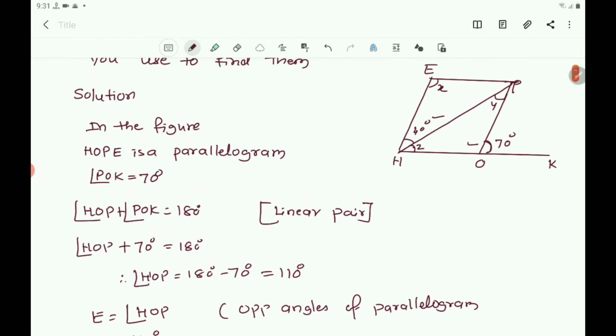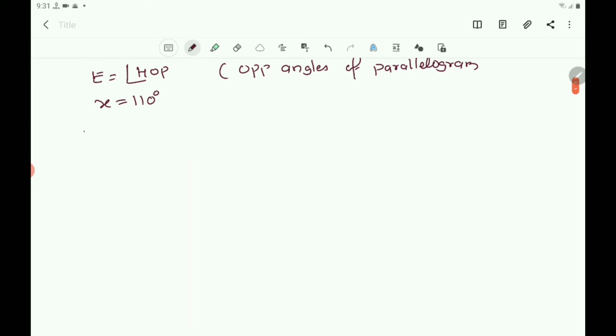here angle EHO must be equal to 70 degrees, that is angle POK. Angle EHO is equal to angle POK. They are the corresponding angles made by the transversal of parallel lines.